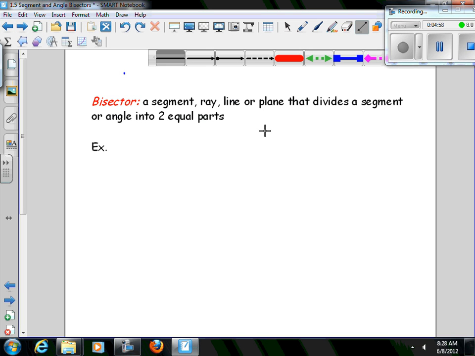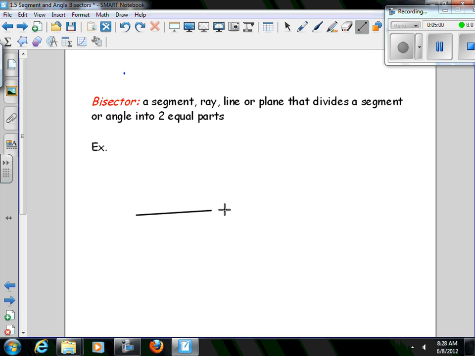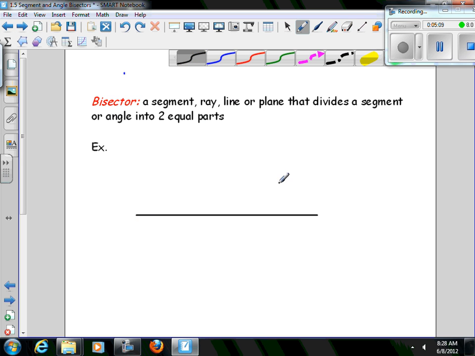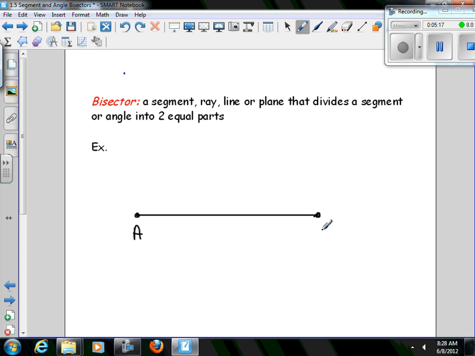So for instance, if I have this segment and it has endpoints A and C, anything that divides this into two equal parts will make it a bisector.